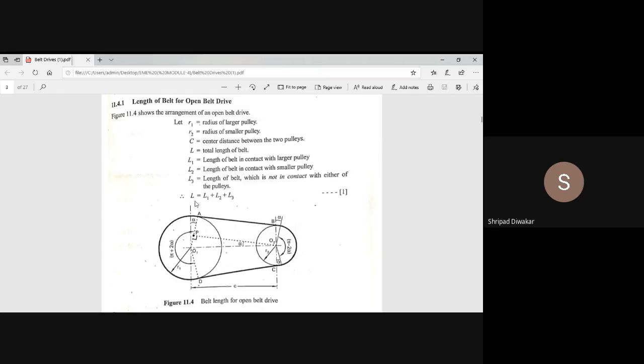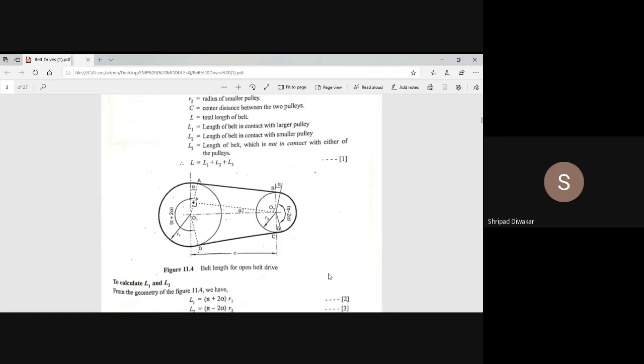Capital L is the total length of the open belt drive. L1 is the length of belt in contact with the driver pulley, L2 is the length in contact with only the smaller pulley, and L3 is the length of belt, this and this, not in contact with either pulley. So L equals L1 plus L2 plus L3. Call it equation number 1.